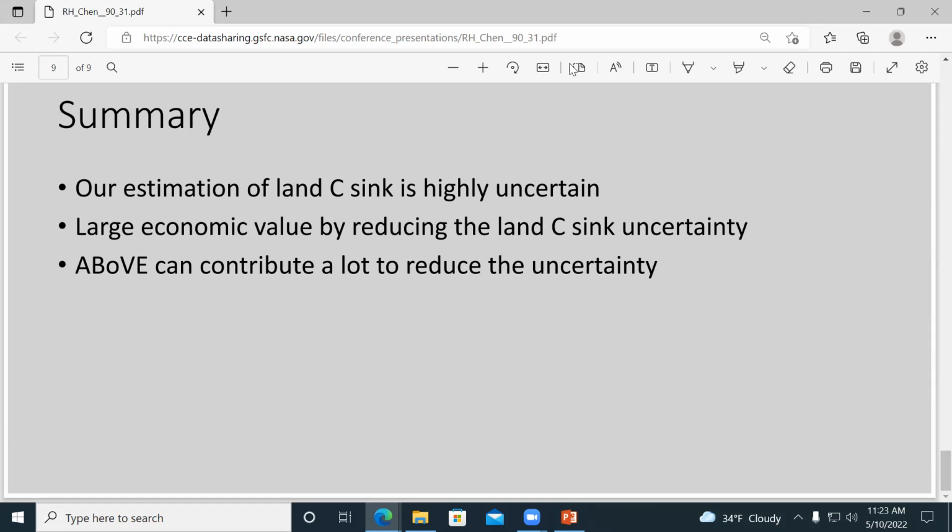And in GCAM, you probably know that there's a climate model called Hector embedded. Hector is totally decoupled from the land use, land cover change module in GCAM. So I would think that if the land use, land cover change had some feedbacks into Hector, the uncertainty would probably be larger. Be larger, okay. Interesting.